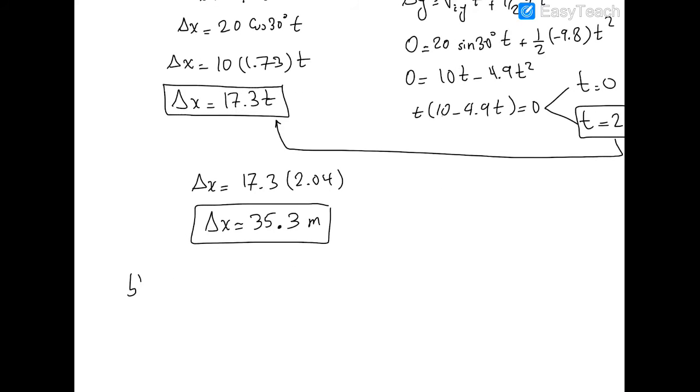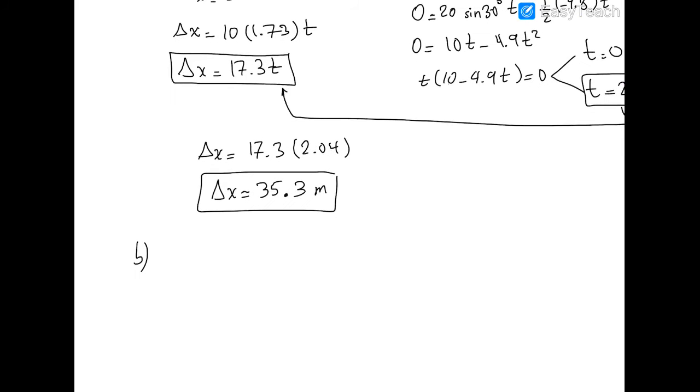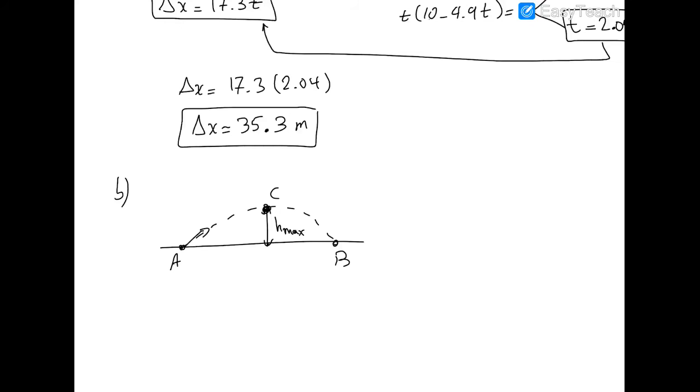And part B, it says find the maximum height. What I can do here is to find the h max, I have to go to the y direction, right? So I have this as 30 degrees and initial velocity is 20 meters per second. Okay, so I'm going to use the delta y formula.